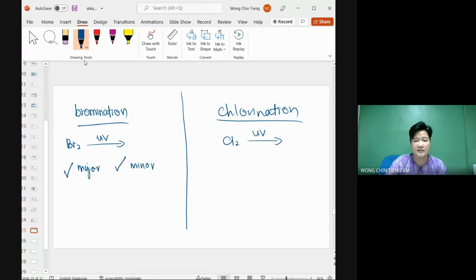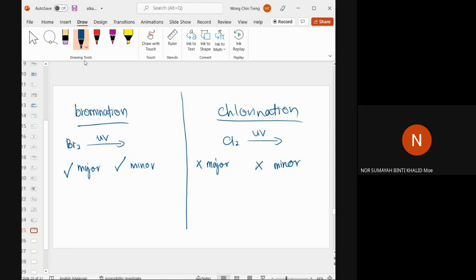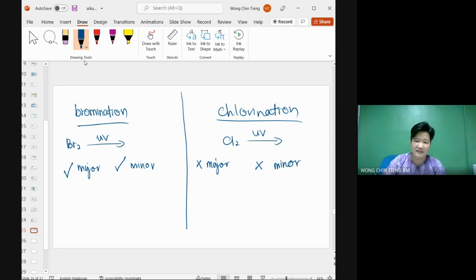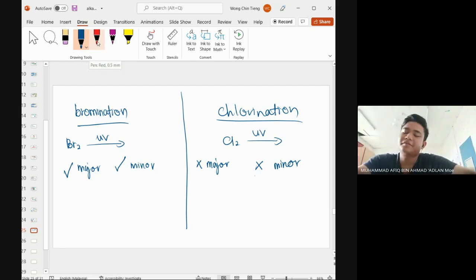Kenapa ada major minor? Kenapa tak ada major minor? Dua perkataan je saya nak. Keyword dia. Product equivalence, okay. Tak ada major minor. Produk dia sama. Yes. Lagi?